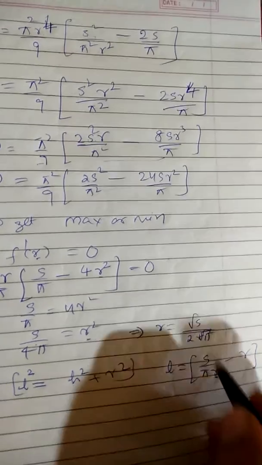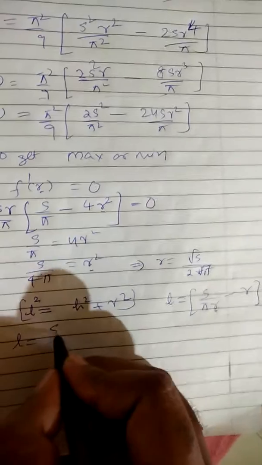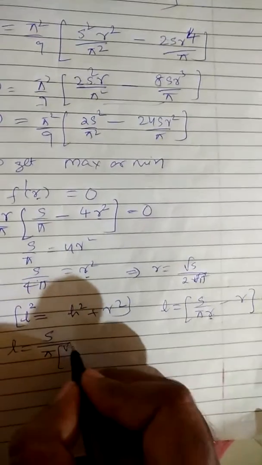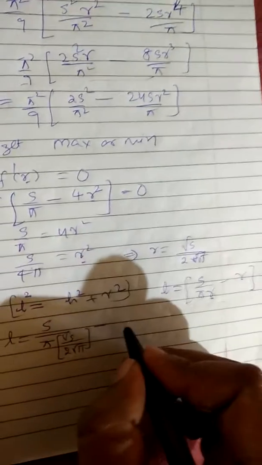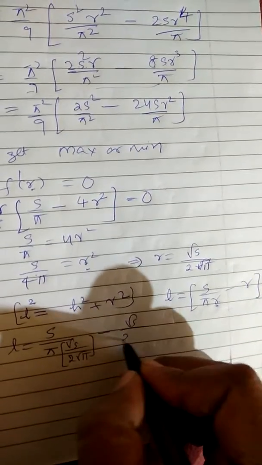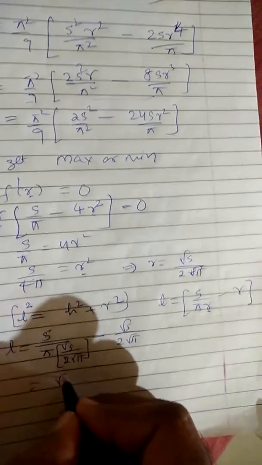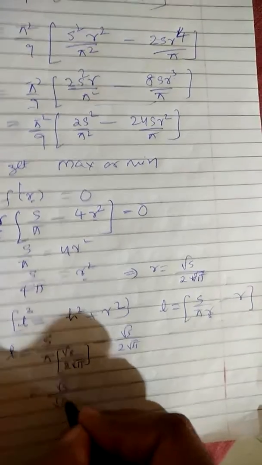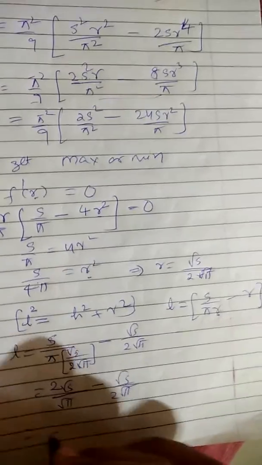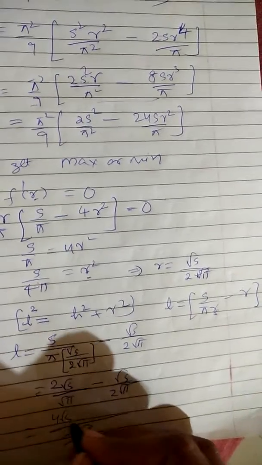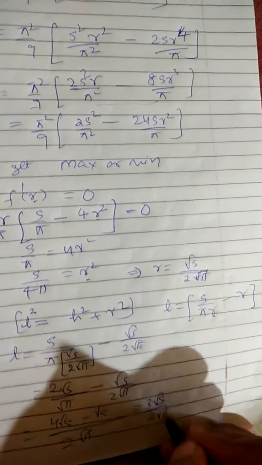Here the r value I can put: L is equal to S upon pi, r is under root S by 2 root pi, and then minus r, which is under root S by 2 root pi. So here S and root S will go up as root S by root pi, and then 2 will go up, minus under root S by 2 root pi. So we will have LCM 2 root pi. So we get 4 root S minus root S, which is 3 root S by 2 root pi.